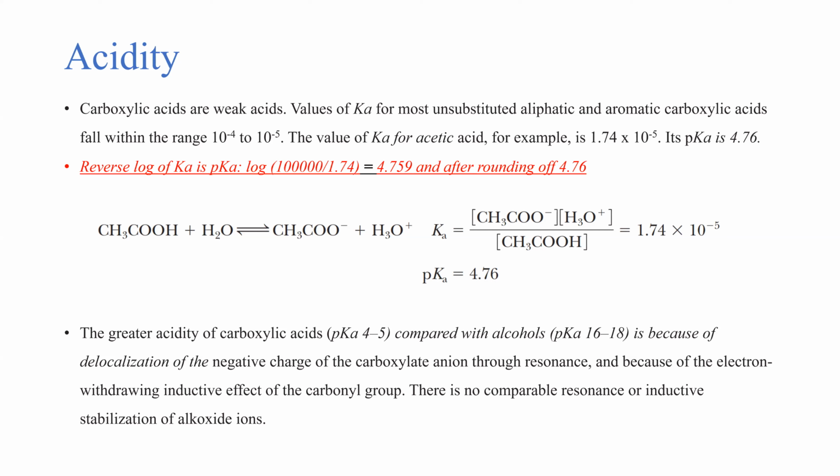So what does Ka mean? As a chemistry student, if you don't have that idea yet, Ka is basically the dissociation constant. Whenever we write a chemical equation, a reactant converts into a product.